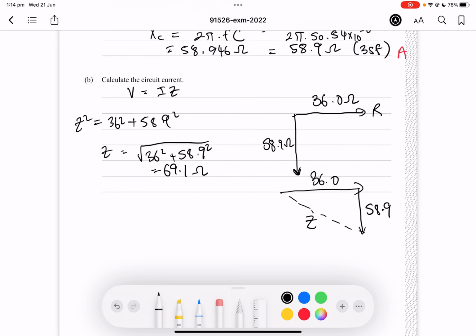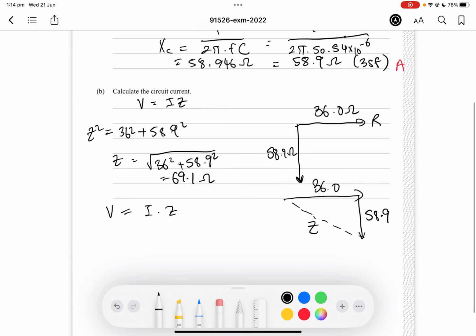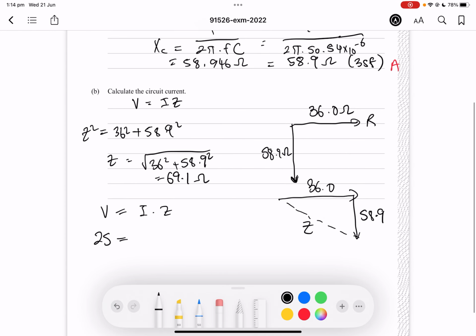And therefore, we can calculate the circuit current. So V equals I times Z. We have the voltage, which is 25. That equals 69.1 multiplied by I. Therefore, I is equal to 25 over 69.1, and that is equal to 0.362 amps.